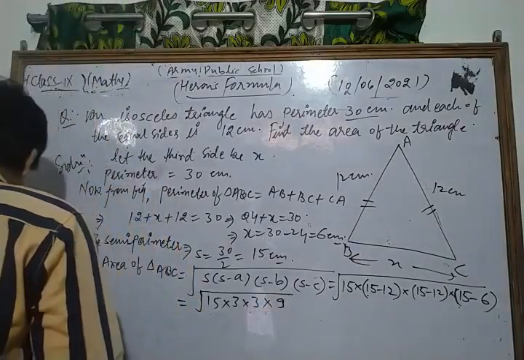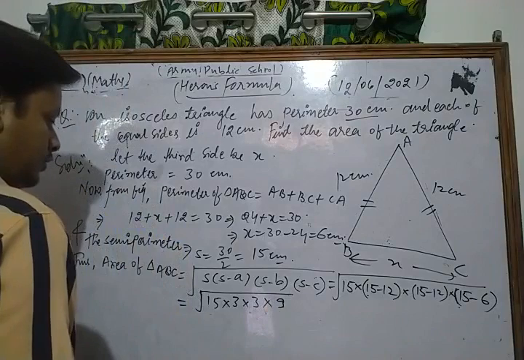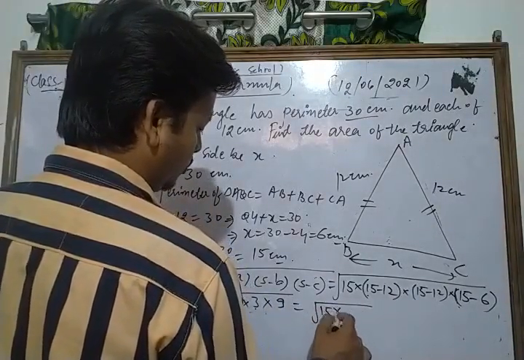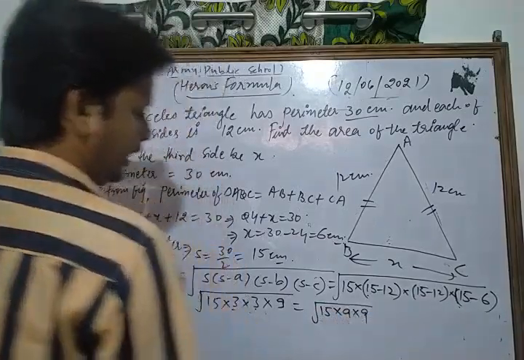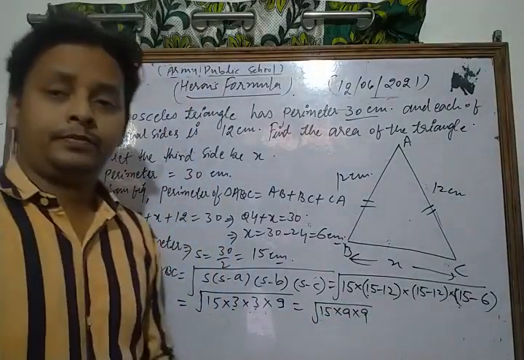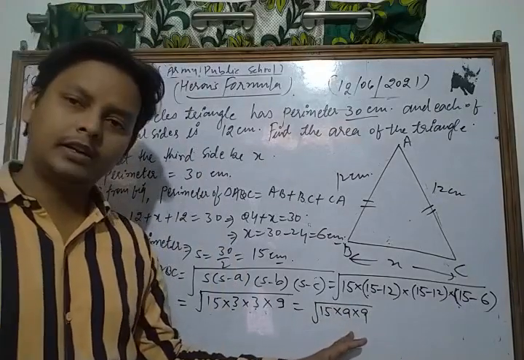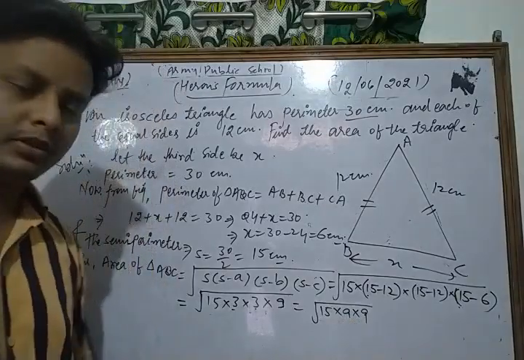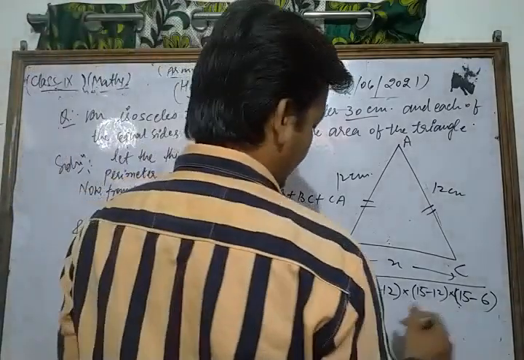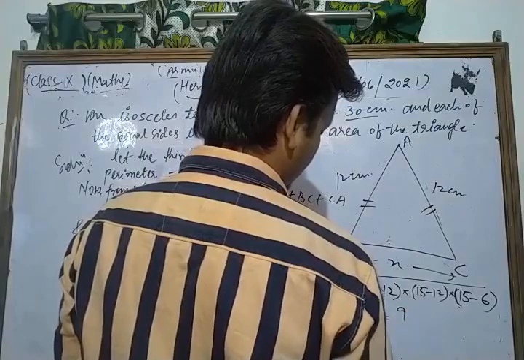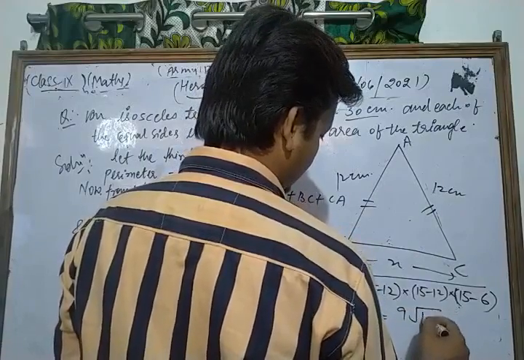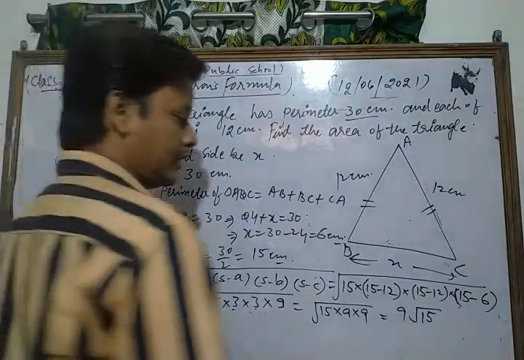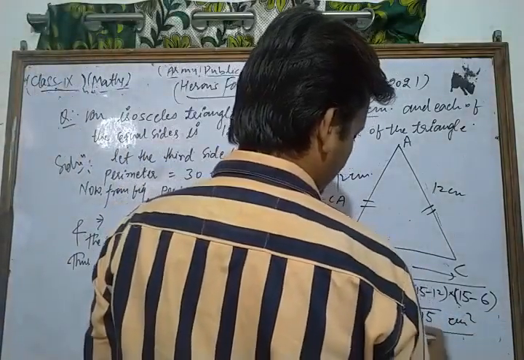Now 3 threes are 9, so under root 15 into 9 into 9. So dear friends, here 9 is in a pair, so we take 9 common out from the surd, and under root 15 is left. So 9 into root 15 centimeter square.